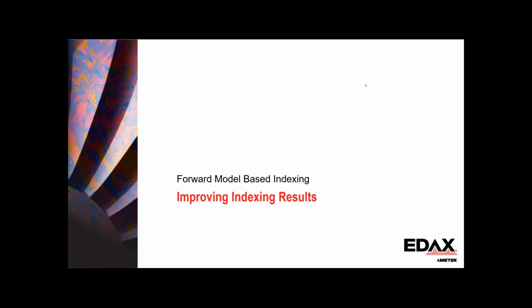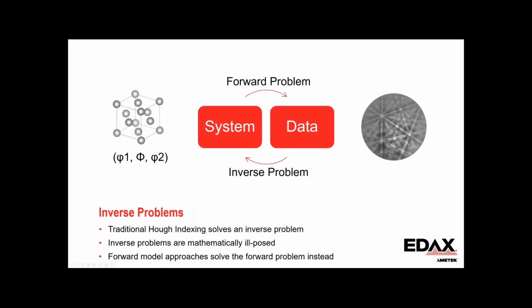I want to start by talking about what forward model-based indexing is, for people that are not familiar. It's called that because it's solving a forward problem instead of an inverse problem. Normally, when you have your patterns collected on the microscope, you want to go from the observation to the underlying information of what your sample is.